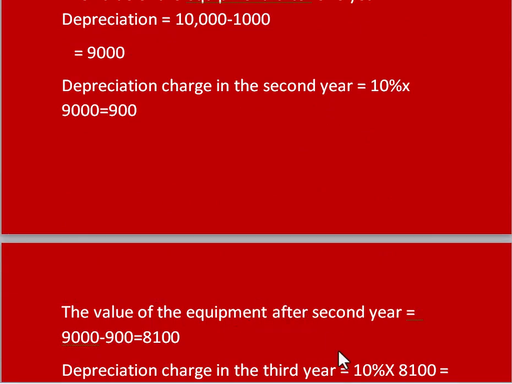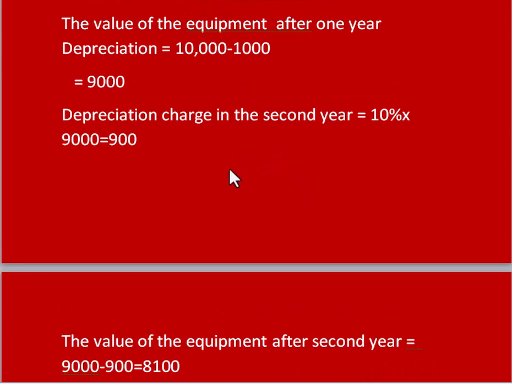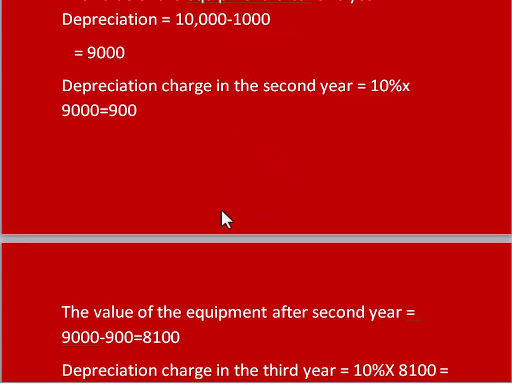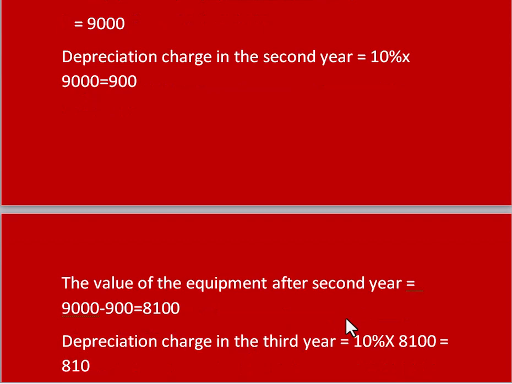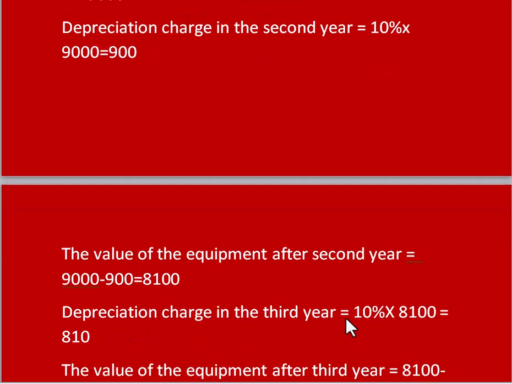Then the value of the equipment after the second year is the value of the equipment at the beginning of the second year, that is 9,000, and the depreciation value at the end of the second year is 900. So 9,000 minus 900 is nothing but 8,100.